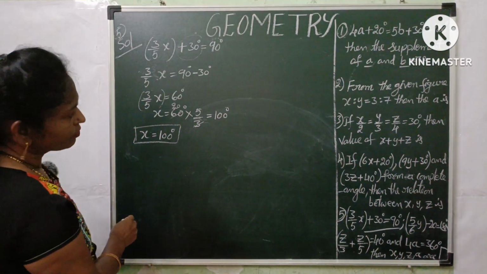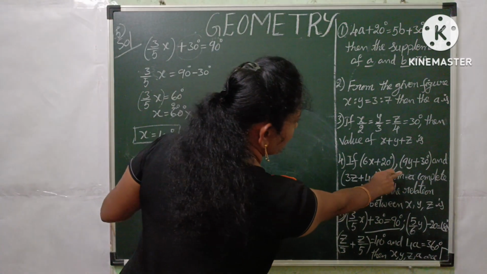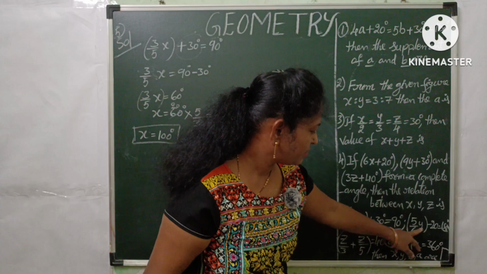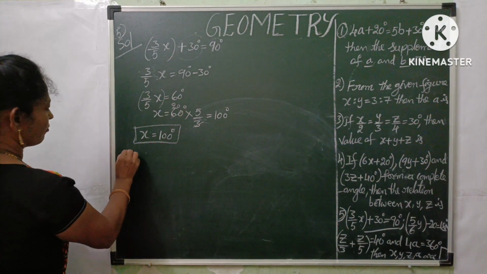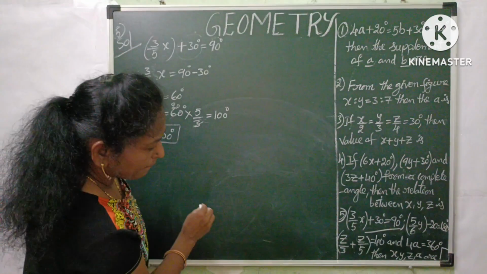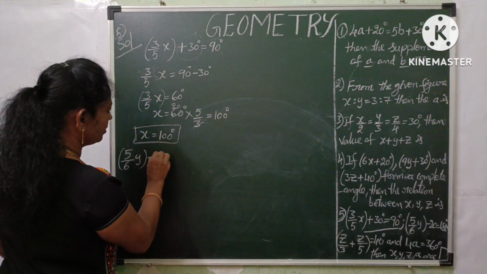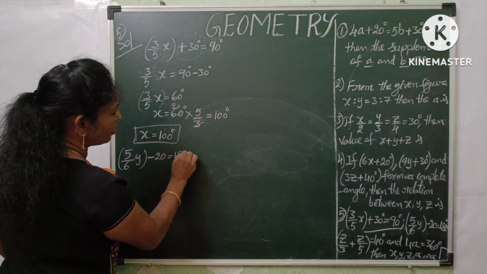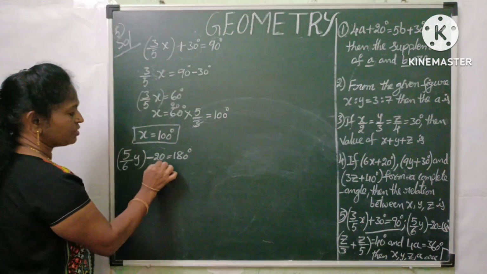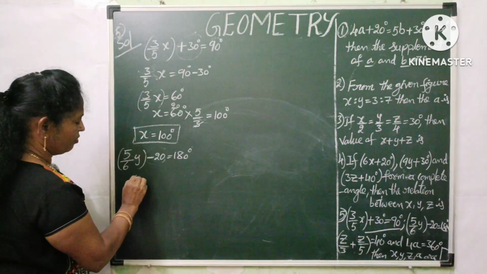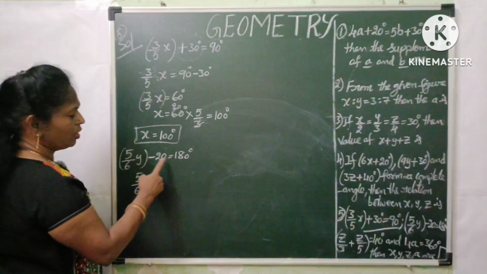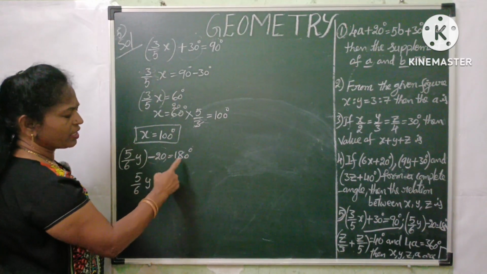Next one, 5 by 6 y minus 20 equal to 180 degrees. Now also see here, minus 20 we are transposing. 5 by 6 y equal to 180, minus 20 as plus 20.